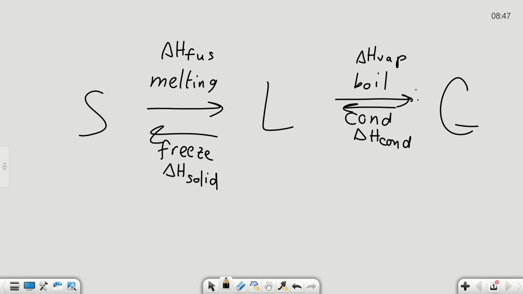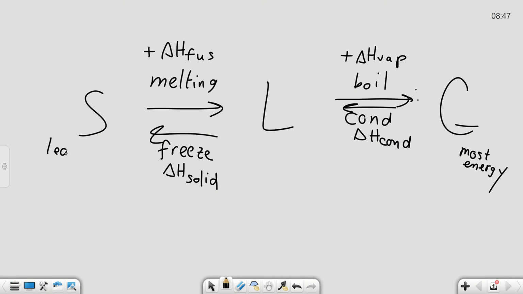As you saw, as I go from solid, liquid to gas, I have to be adding energy, which makes sense because we talked about it way back in the first unit, that gases have the most energy in them. When elements or compounds are in their gaseous form, they have the most energy.